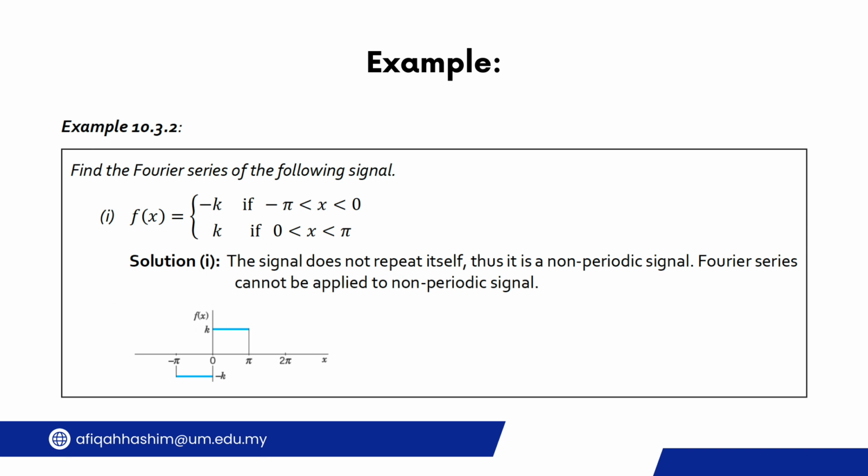This is a non-periodic signal, and Fourier series cannot be applied to a non-periodic signal. It is not stated here that f(x) is equal to f(x + nP), so it is non-periodic, and we cannot use Fourier series.